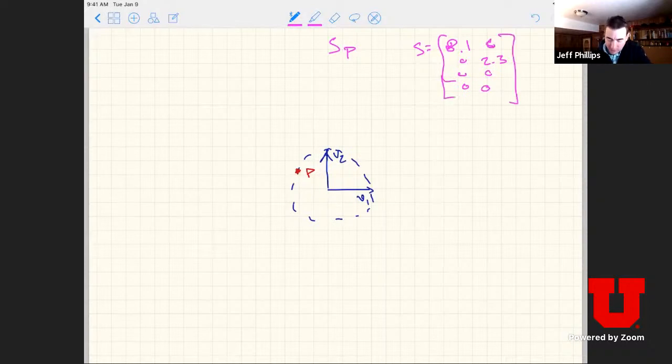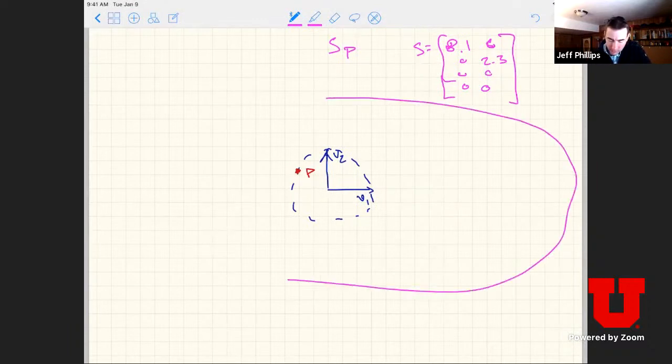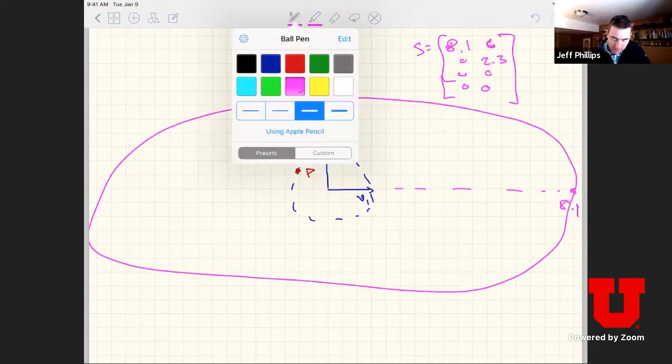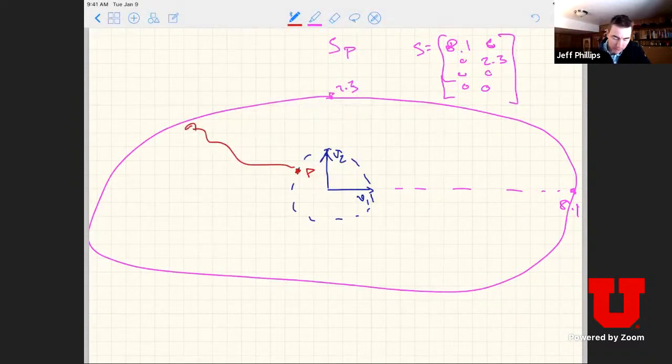What's happening is I'm going to take the coordinates, and if I think of this unit circle, the unit circle is being inflated into an ellipse here. This goes up to a distance of 2.3, and if I extend it out here, this would be a distance of about 8.1.